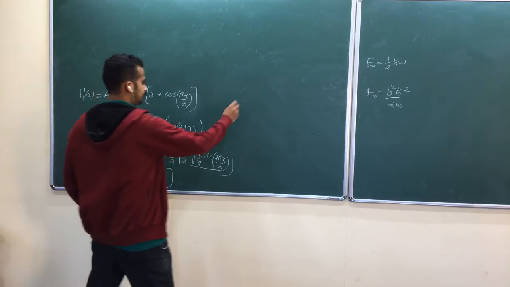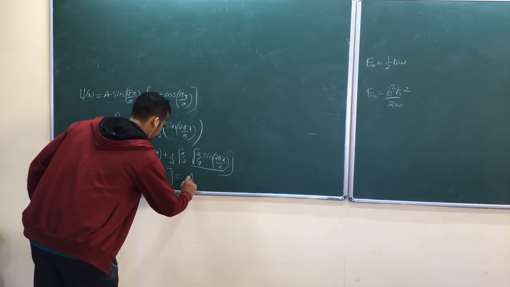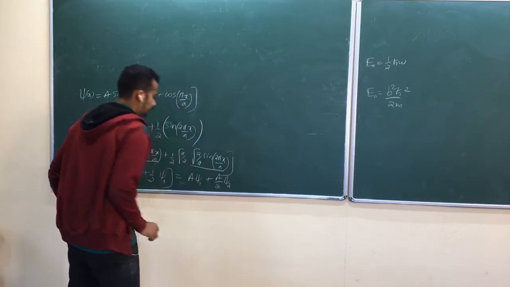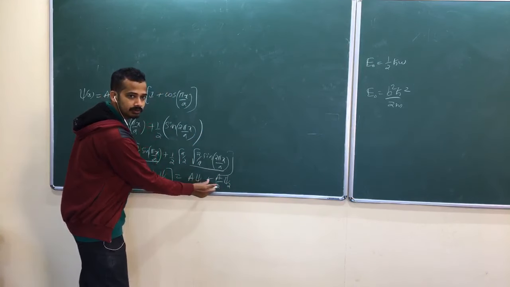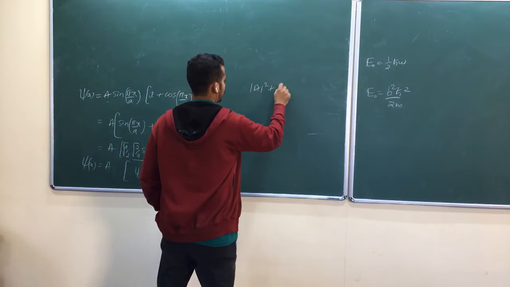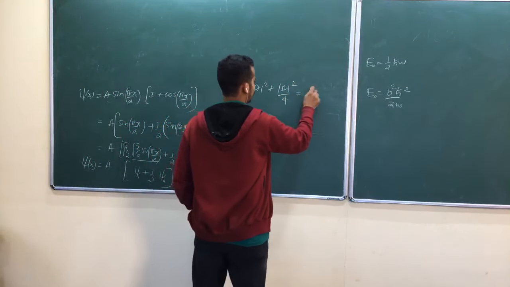Now, what is C1? A psi 1 plus a by 2 psi 2. When you know, how do you normalize? Mod square of this one plus mod square of this one should be equal to 1. Isn't it? Mod a square plus mod a square by 4 should be equal to 1.